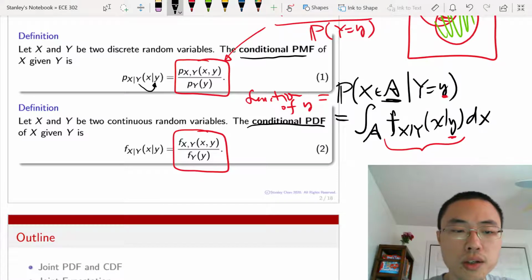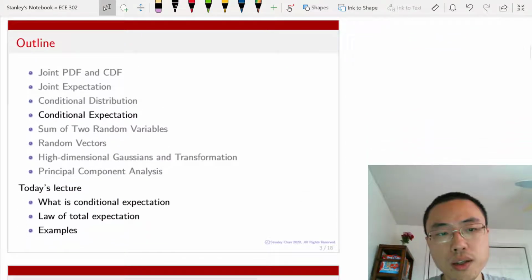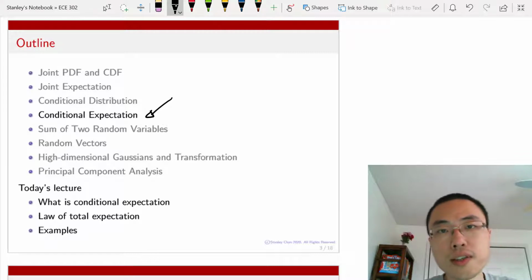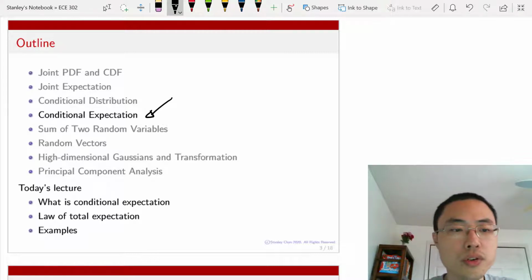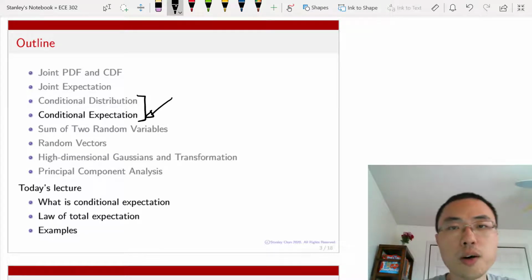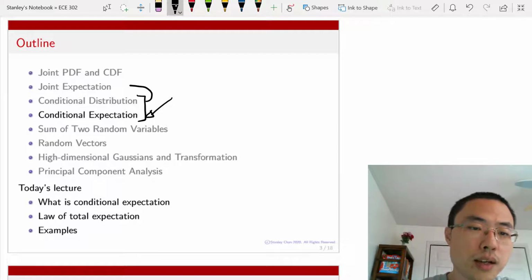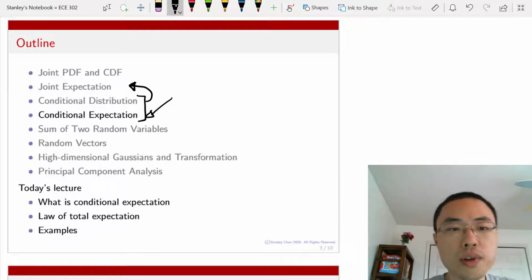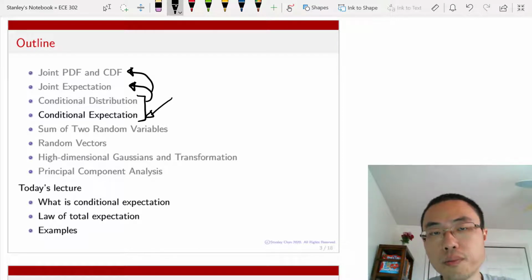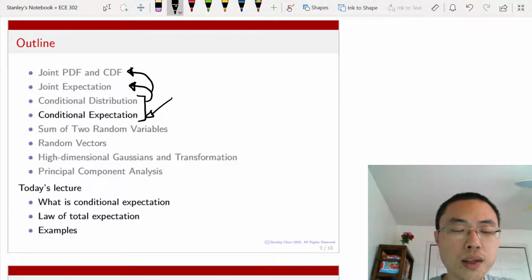Let me go over the outline of this lecture, and then I am going to define what I mean by conditional expectation. We are now in the fourth section of this chapter, which is on conditional expectation. This is highly correlated with our previous lecture on conditional distribution, which can be traced back to joint expectation as well as joint PDF and PMF and also CDFs.